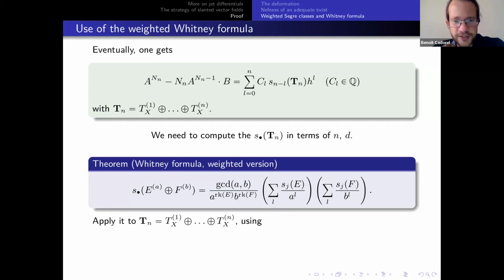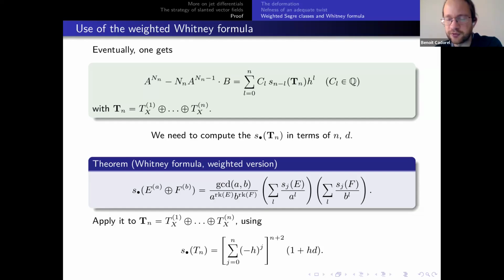So you apply this formula to this Tn here, and now you have a hypersurface. So this should be Tx. On a hypersurface, you know what the Segre class of Tx is. This is simply given by this. A hypersurface is a complete intersection in Pn+1.